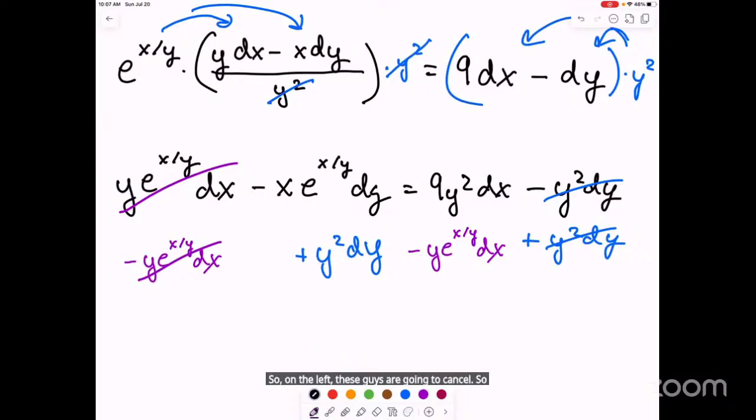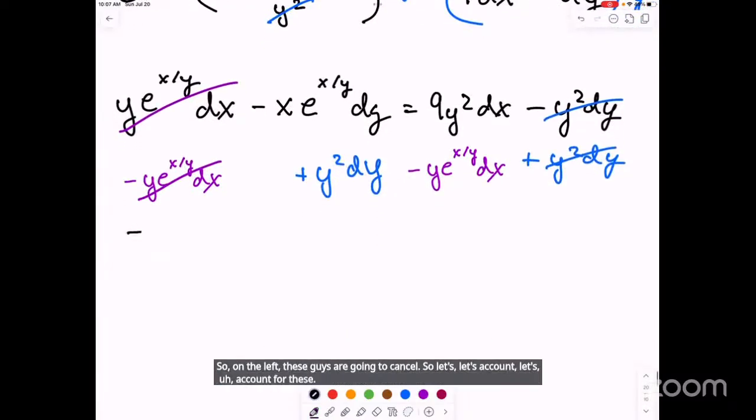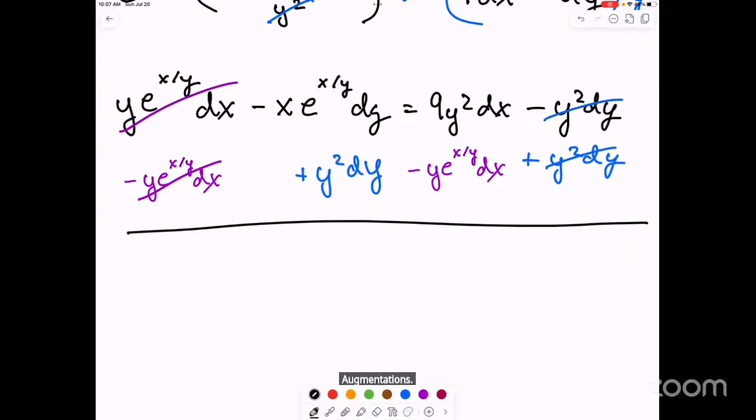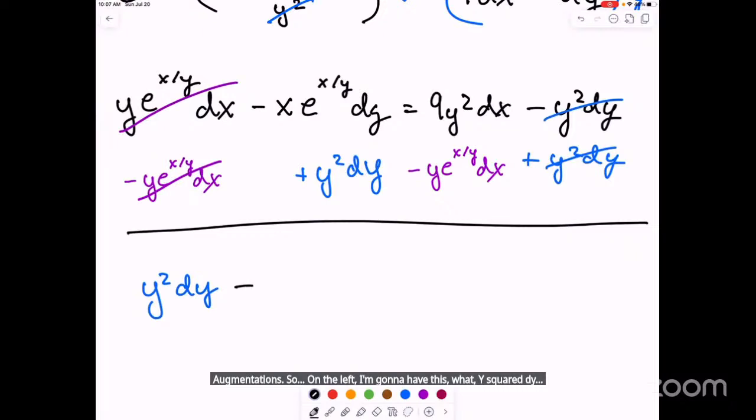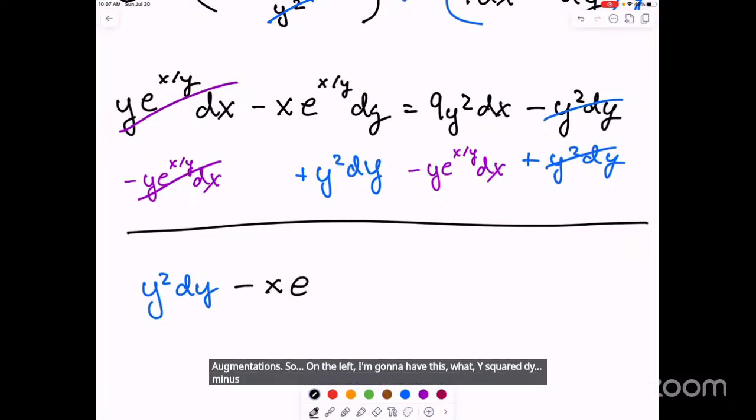So let's account for these augmentations. On the left, I'm going to have this y squared dy minus x e to the x over y dy.